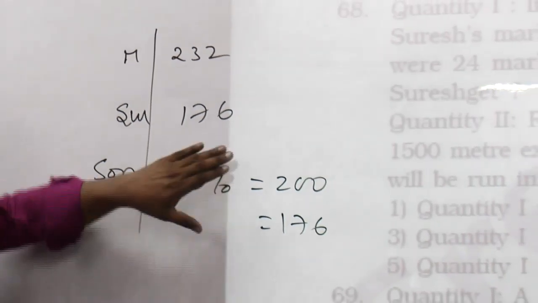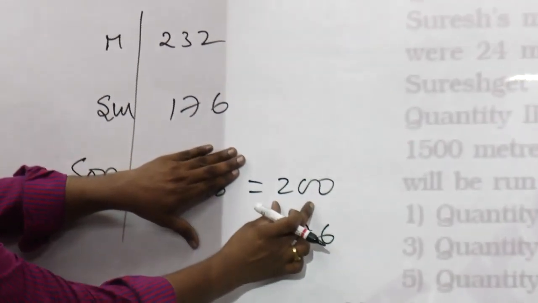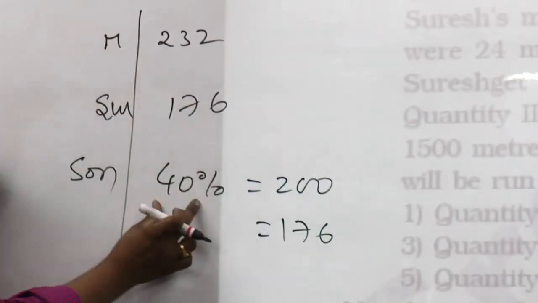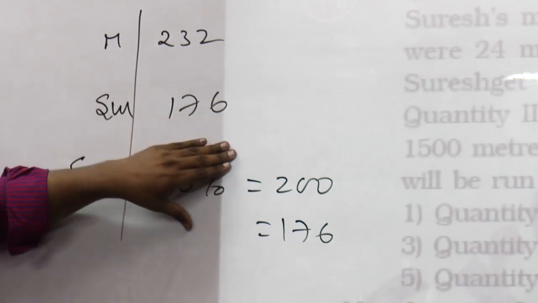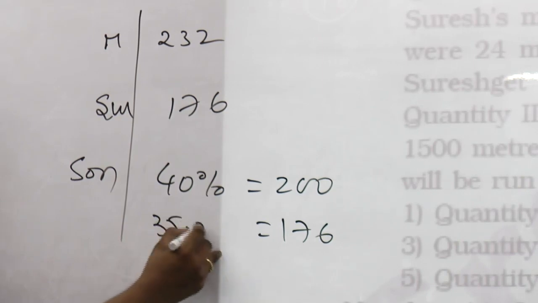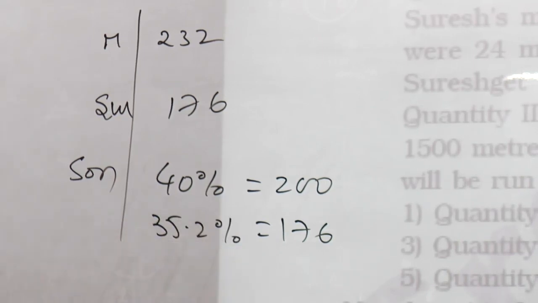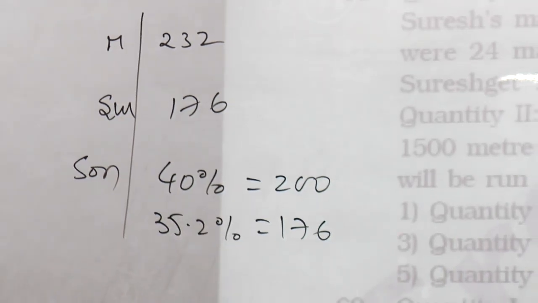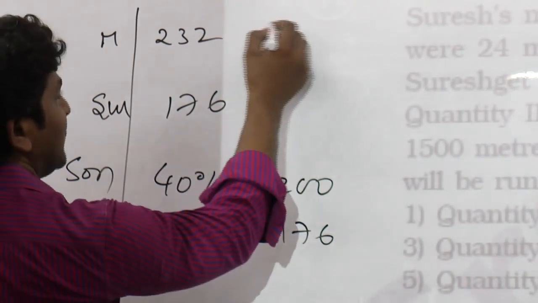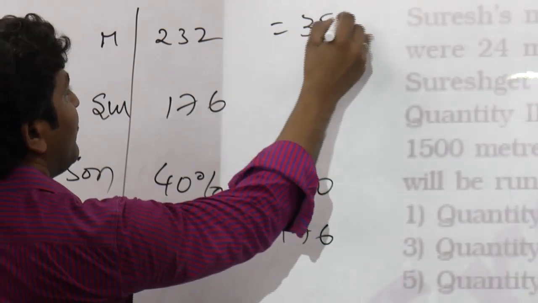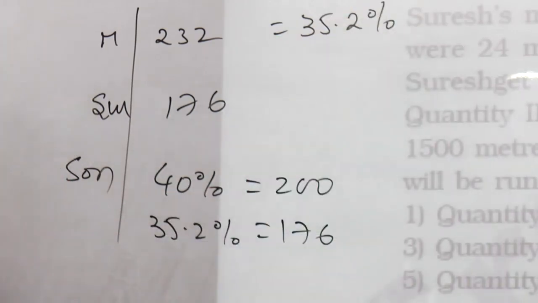Right? Or else 10%, 20%, 10%, 20%, 35.2%. Okay? So quantity 1 is 35.2%.